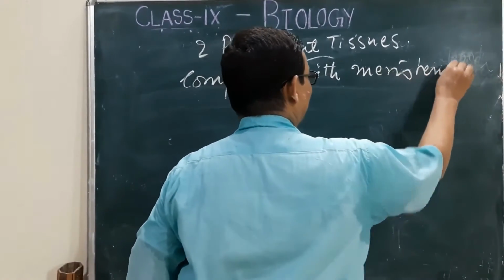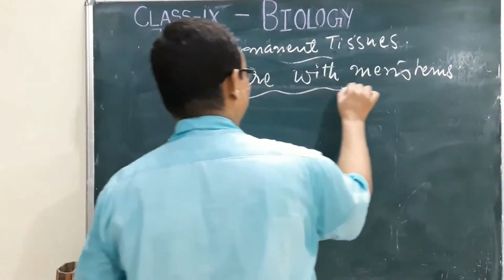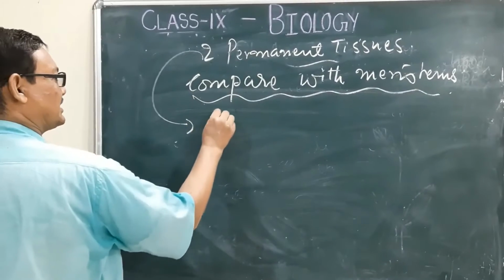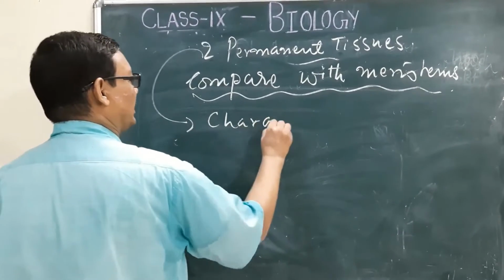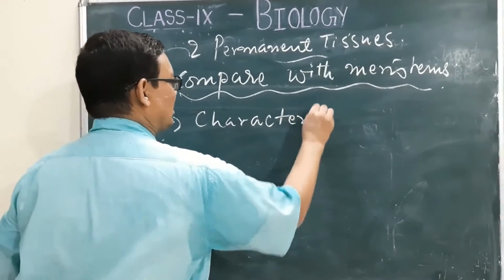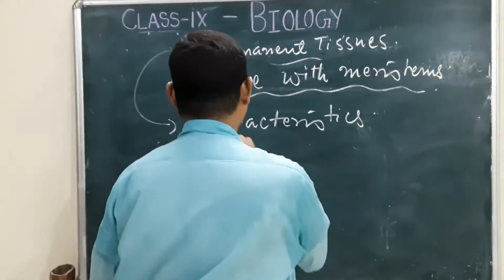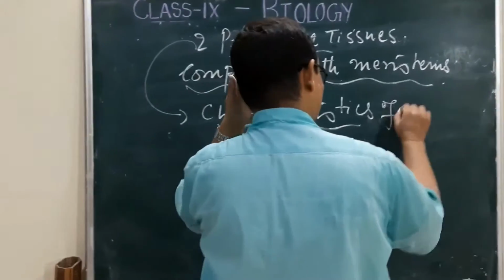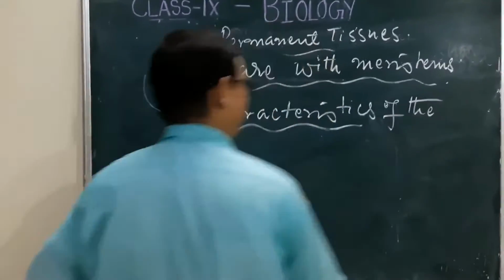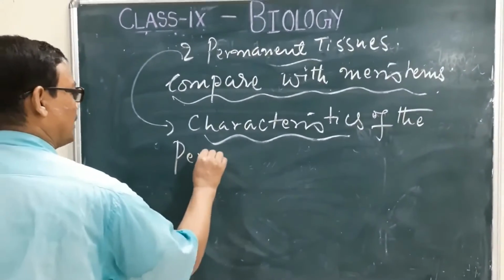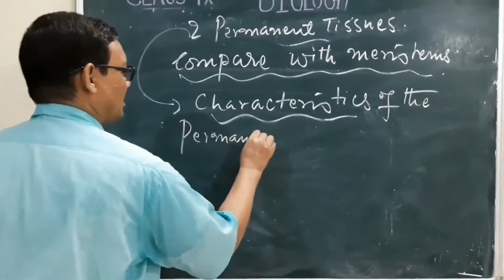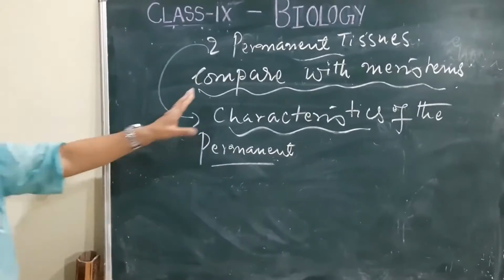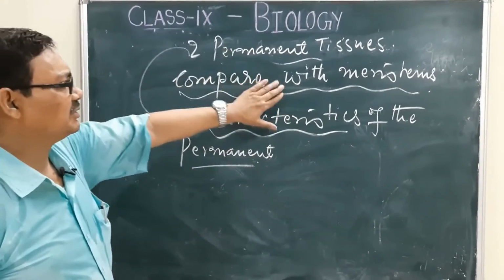Then you will get some important points in regard to the characteristics of the permanent tissue. Why have I suggested that you compare this with meristem?